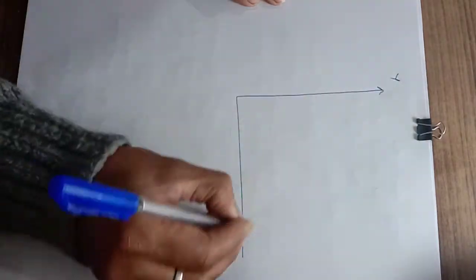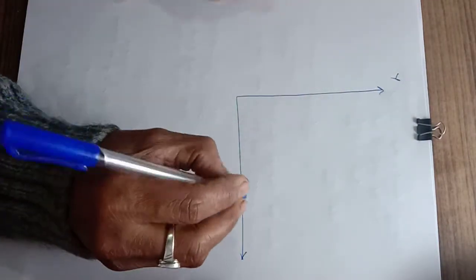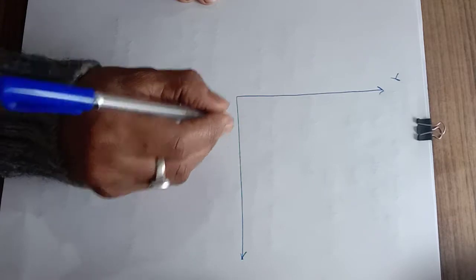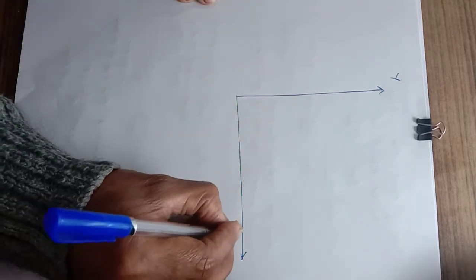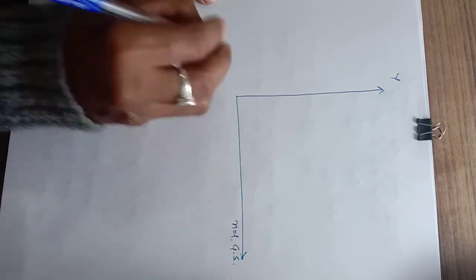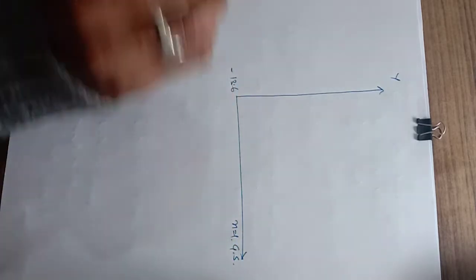This is the y-axis, this is the x-axis. So it's the ground state, that is n is equal to 1, and the energy is minus 13.6.